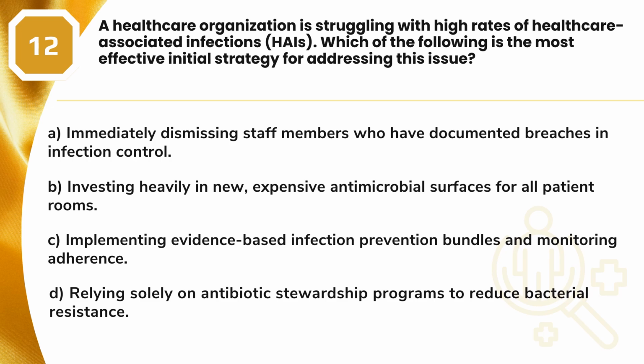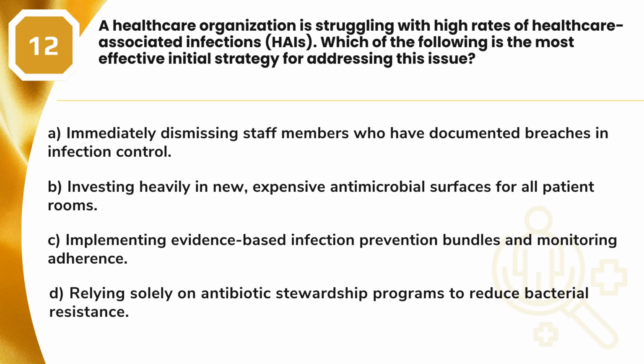Question 12. A healthcare organization is struggling with high rates of healthcare-associated infections, HAIs. Which of the following is the most effective initial strategy for addressing this issue? A. Immediately dismissing staff members who have documented breaches in infection control.